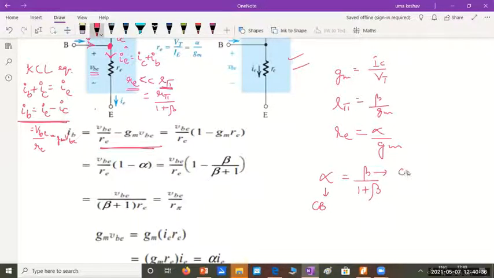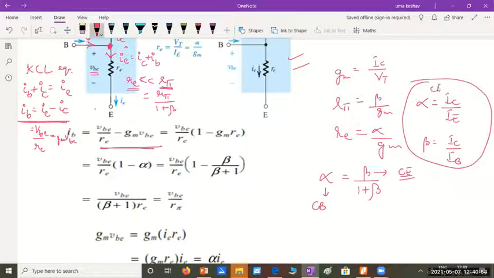Beta is the current gain in common emitter configuration. So please remember, the value of alpha is IC by IE always. The value of beta is IC by IB. That's why this is common base configuration, and this is common emitter. All these basic things you should know.